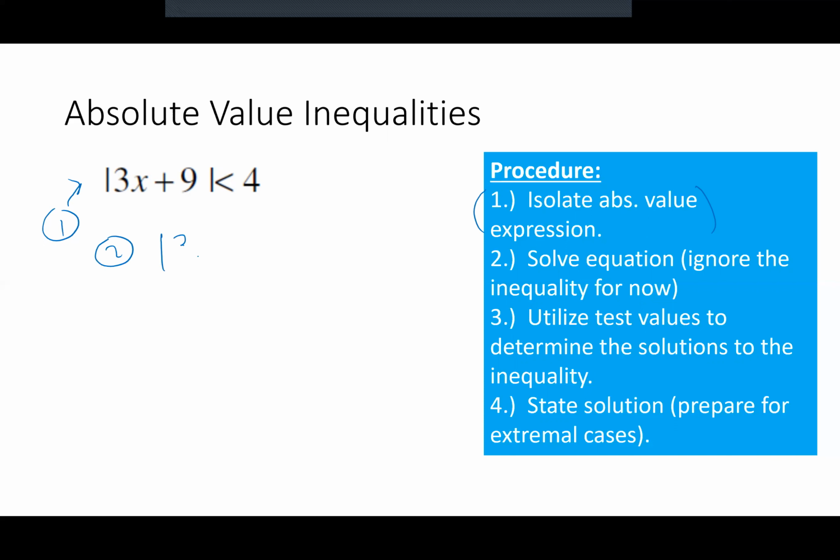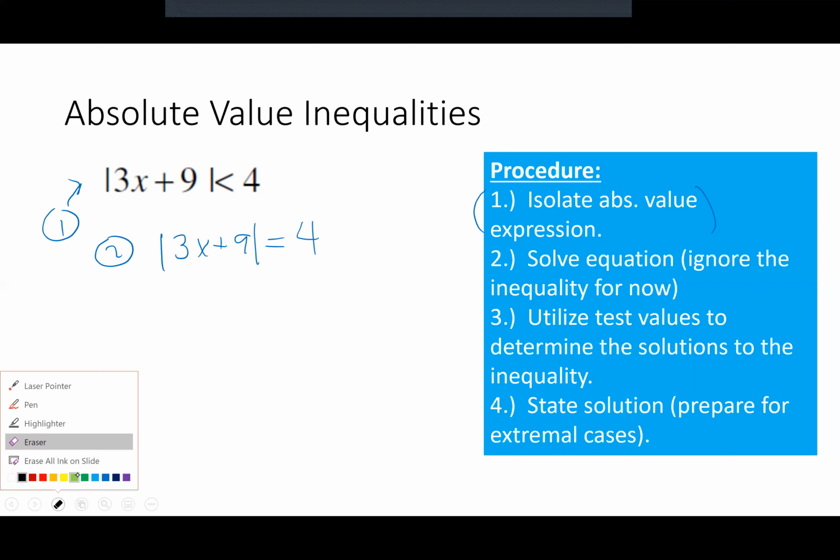So observe that I totally don't pay any mind to the inequality. We will get to that. So we're going to use the procedure that we've been using up to this point. By the way, we can have a solution, so that's good news.